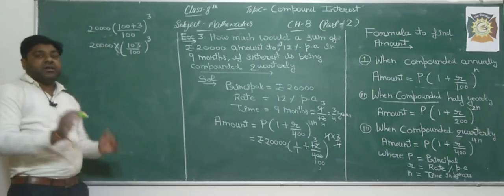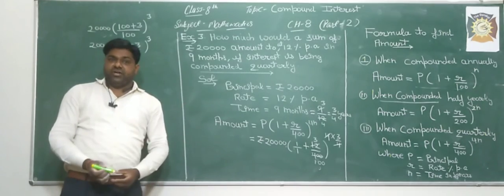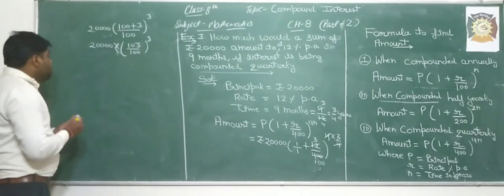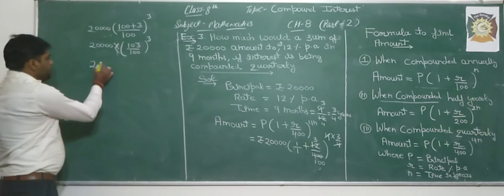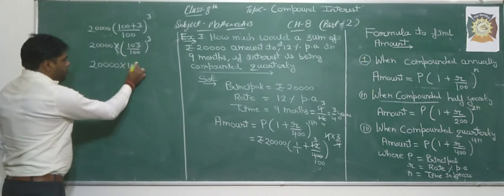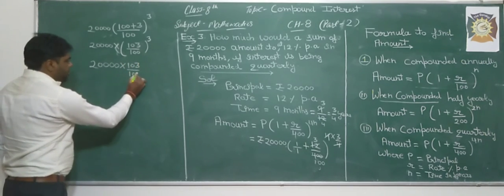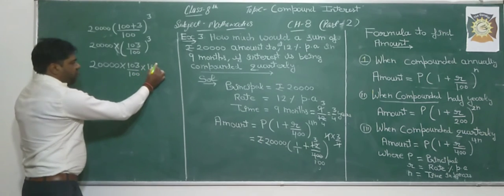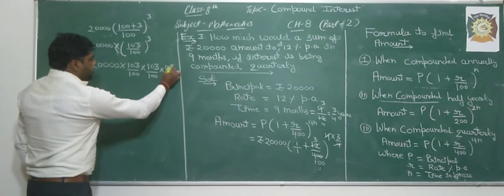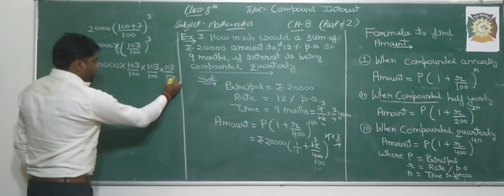Because its power is 3, we can write it 3 times. So this is 20,000 multiplied by 103 upon 100 multiplied by 103 upon 100 multiplied by 103 upon 100.